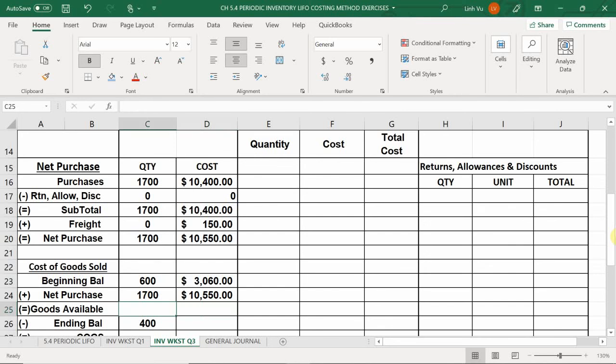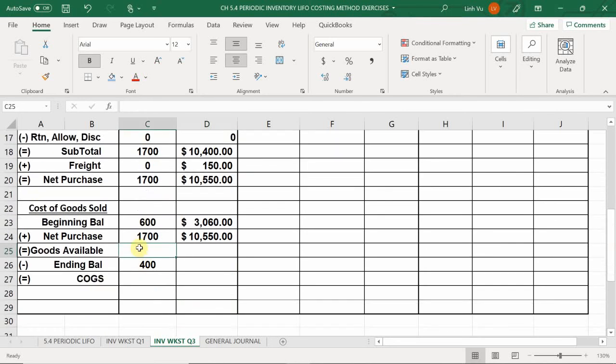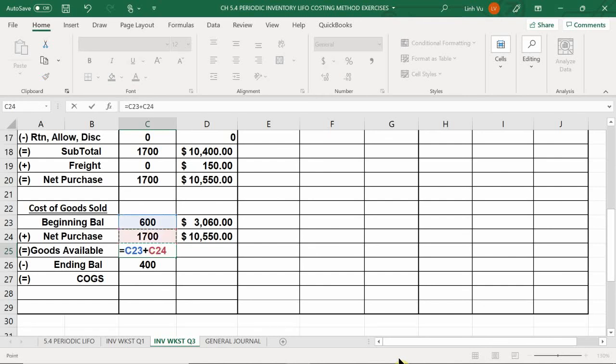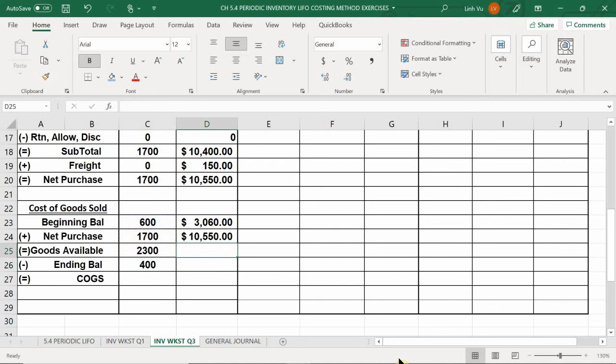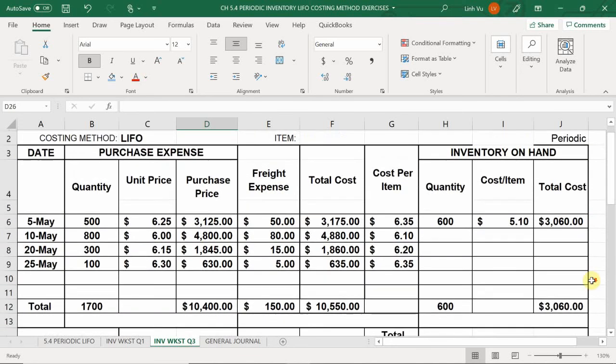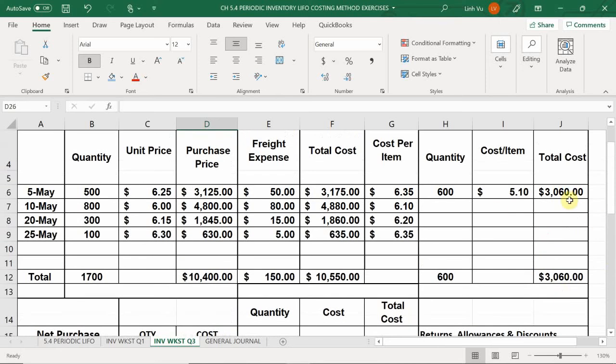And now this is where the formula for goods available comes in. We add these two numbers together to get a total of 2,300 units at a grand total of $13,610. Sorry, I'm a little lost. The beginning balance of 600 is shown from where? My inventory on hand. I carried it over from the previous worksheet.